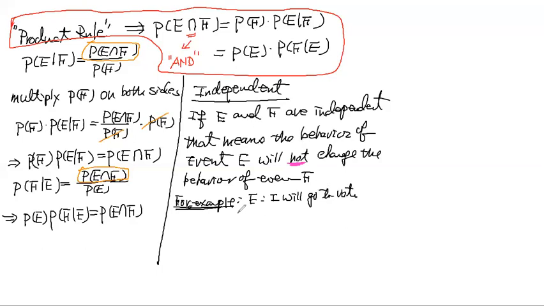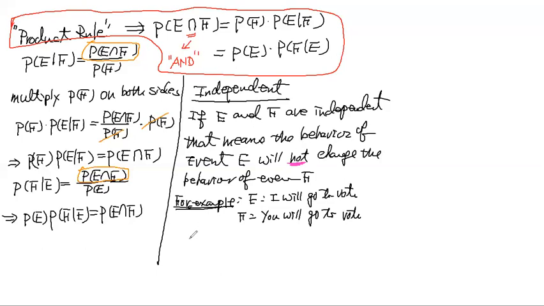Event F is: you will go vote. Since I'm not going to influence you and you're not going to influence me, my going to vote and your going to vote are independent events.